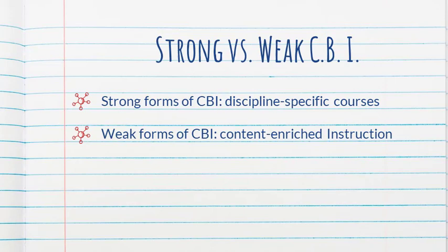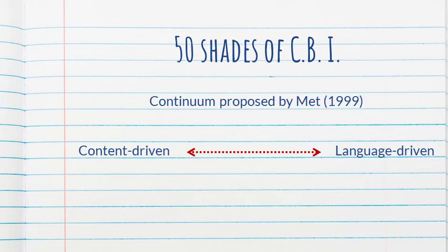Now, in between the strong and weak, there are many different shades of CBI. The author discusses this continuum, which was proposed by someone else, Met, in 1999. And in this continuum, we have one extreme of content-driven and the other extreme of language-driven.